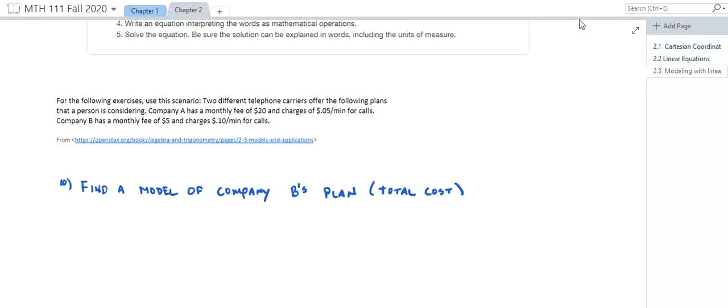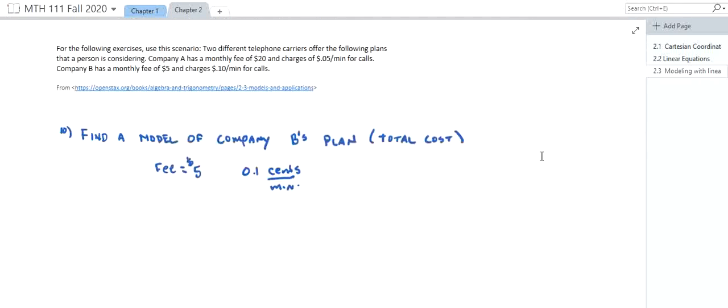Well, Company B has a monthly fee of $5 and charges 10 cents per minute. So how do we set up an equation that represents the total cost?